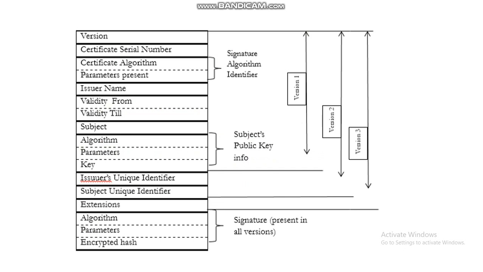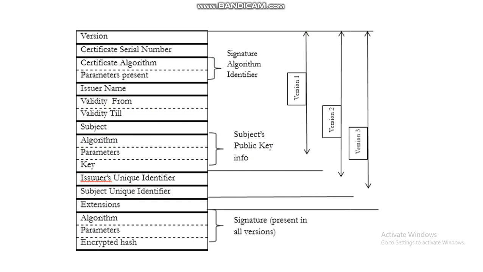And next is the subject. The subject also includes the country name, state name, location, and the email address, everything. And next you have the public key algorithm. It may be the RSA algorithm. When you write the modulus, it may be of 1024 bits.